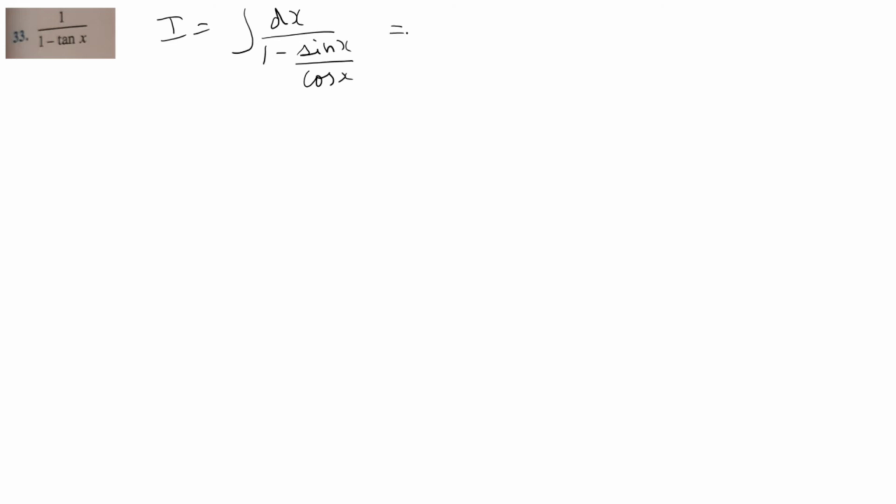So this is equal to integral cos x dx by cos x minus sin x. Again we cannot do substitution directly here, like the previous question. So what we have to do, we have to multiply and divide by 2.